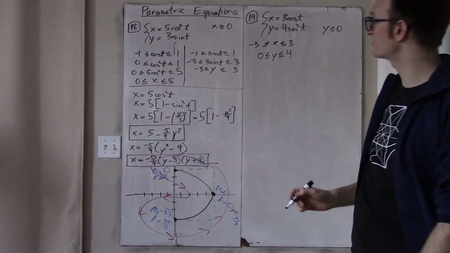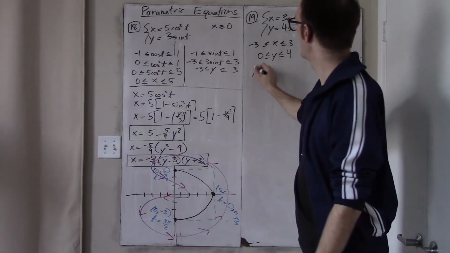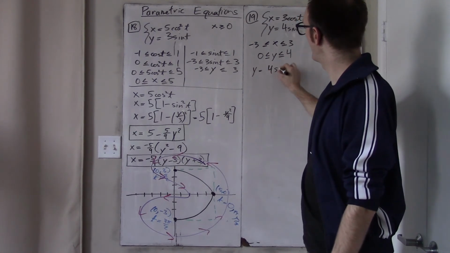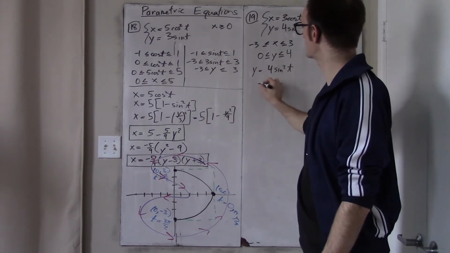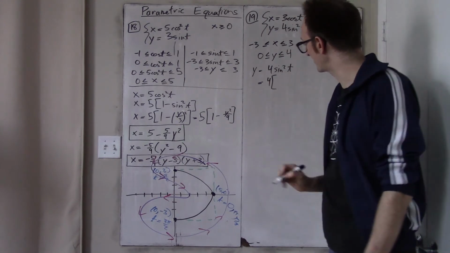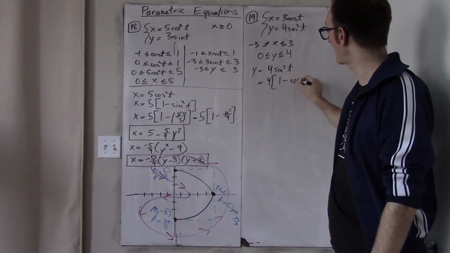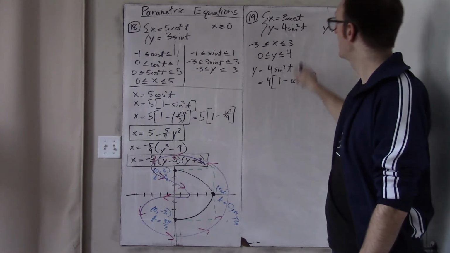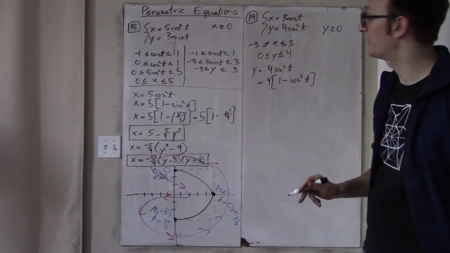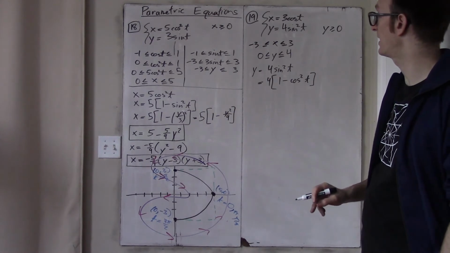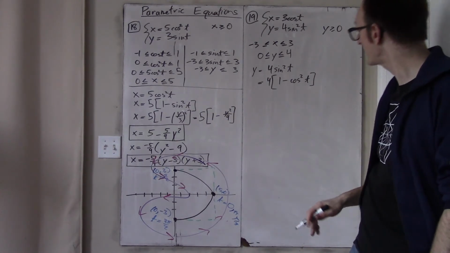And now I'll just go straight to eliminating the parameter. If you followed what we just did, this is just another practice. What can I say about sine squared? The best way to rewrite sine squared is 1 minus cosine squared. Why? Because I know that x is basically cosine. In particular, x over 3 is cosine.